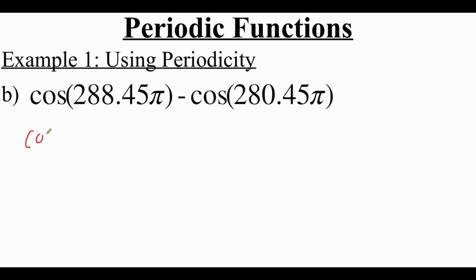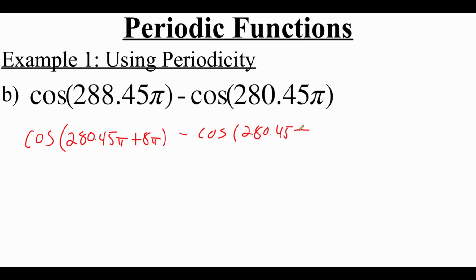So I can think about splitting this up into the cosine of 280.45 pi plus 8 pi, minus the cosine of 280.45 pi. Now notice both of these have that exact same 280.45 pi, but the first one has that extra plus 8 pi. Remember, cosines are periodic with a period of 2 pi, so every 2 pi these repeat themselves.